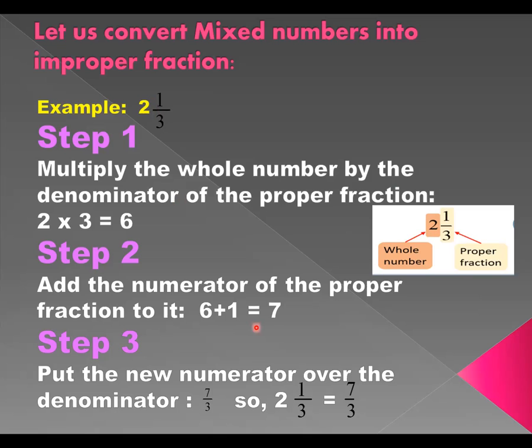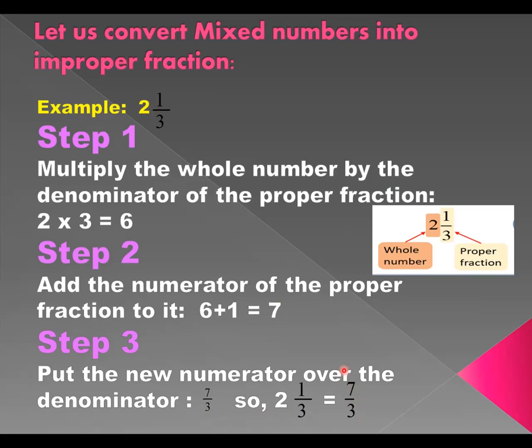You are going to write down the new numerator, that is 7, on the numerator's placement, and the denominator will be the same, that means 3. So 2 whole 1 upon 3 is converted into the improper fraction 7 upon 3. It means your numerator is bigger than your denominator. This is the proper way of converting a mixed fraction into an improper fraction.